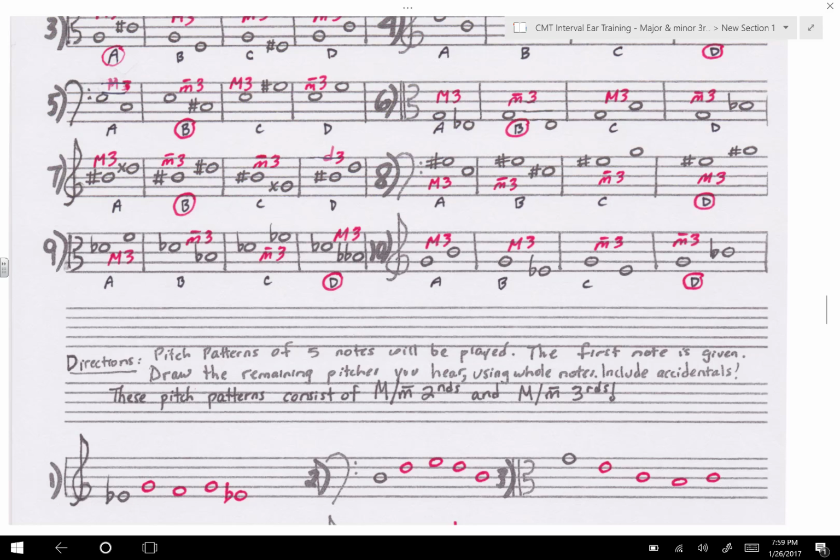And then from that note, it sounds like mi, do, which would make it a major third descending. And then we have what sounds like a leading tone, half step down, and then half step back up. To my ear, the solfege syllables are sol, mi, do, ti, do. Let's listen.